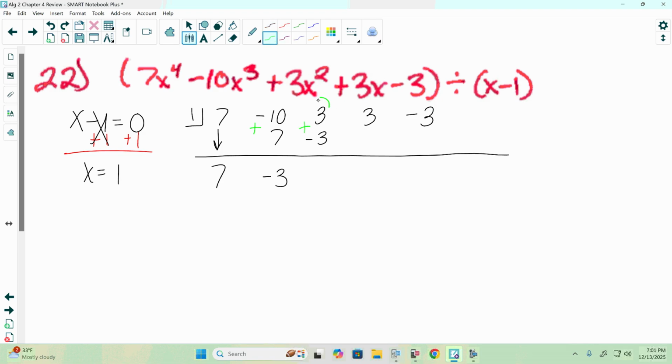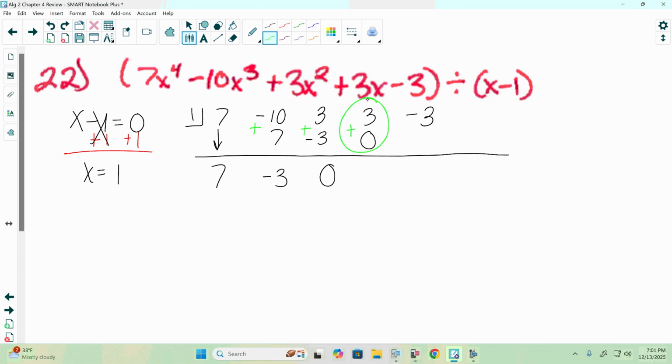Then we add. We're going to add our 3 and negative 3, and 3 plus negative 3 is 0. Then we're going to multiply our 1 times 0, and, well, that's 0. Then we're going to add straight down.